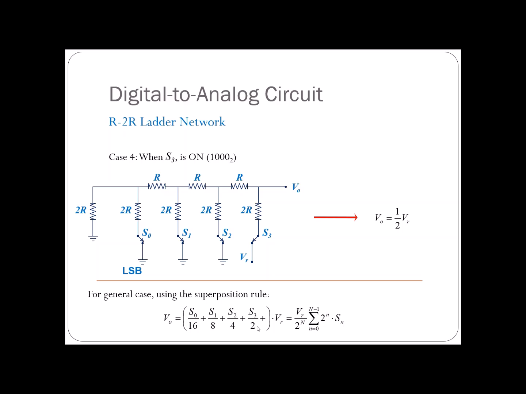What is the value of R? You can choose it yourself, as long as the second resistor has a resistance value twice that of the first one. Okay, so this is the nice thing about R2R compared to the previous circuit.